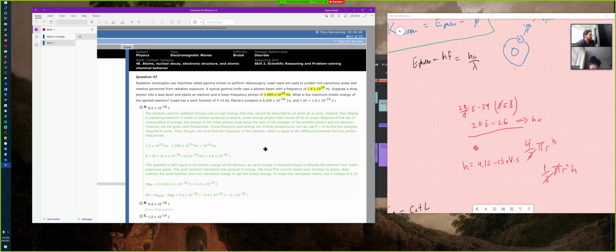So I understand how to calculate it, but how does work function in eV, oh, it's because you need to convert it to joules. Okay, that's why. Okay, got it. Oh yeah, I did the electron volt thing too fast.